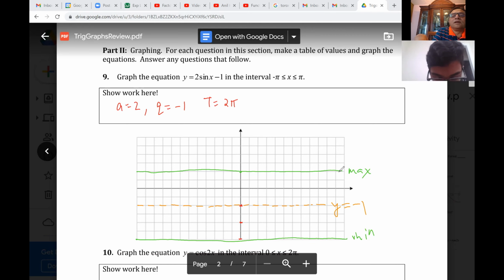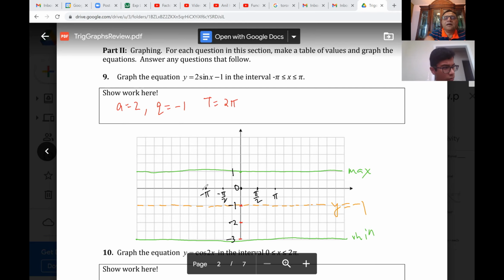I've made a bigger scale, and that's fine. Now we can decide about the period, where we have to go half this way and half that way, right? Sine always starts with 0, right? We can see this is pi by 2, and that is pi for us. In that case, it is minus pi by 2, and that will be minus pi for us.